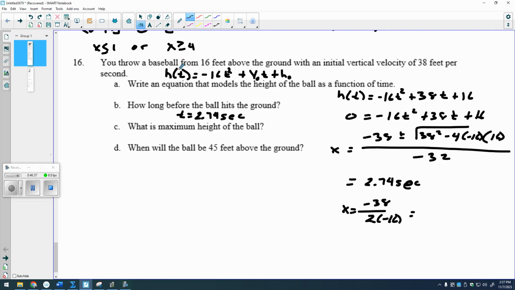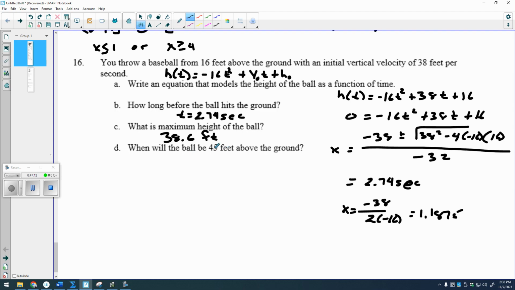When I do that, I get 1.18785 seconds. That's when the max height is. What is the max height? It's not when. What is the max height? I plug that into my t, and I work it out. So the maximum height I come up with is 38.6 feet. Okay, max height 38.6 feet.